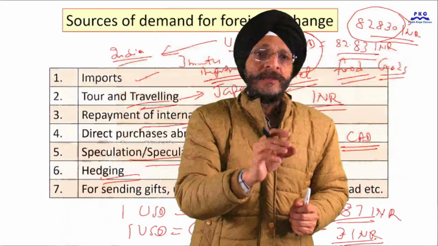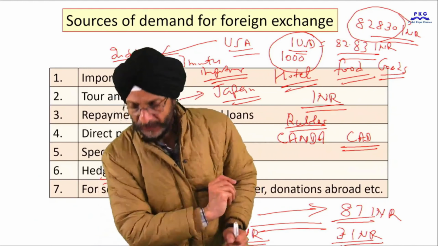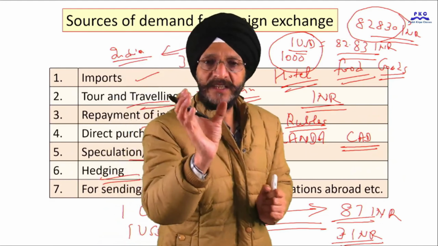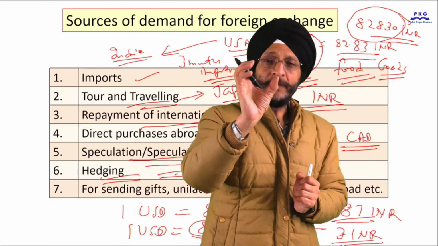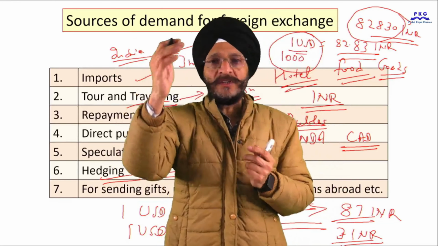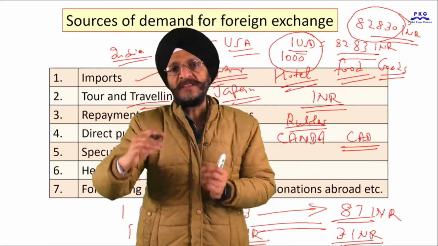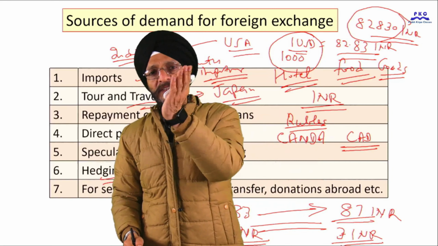So hedging is also a source of demand for foreign exchange. Hedging is a strategy to avoid risk in future, that is, to avoid the fluctuation in currency risk. It is a way of avoiding currency risk.